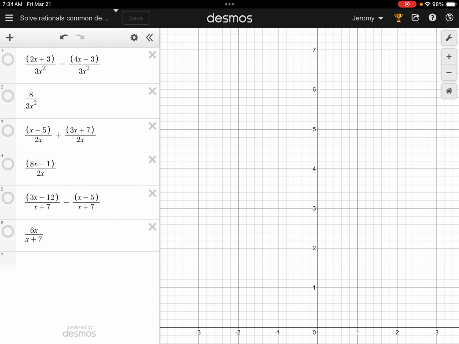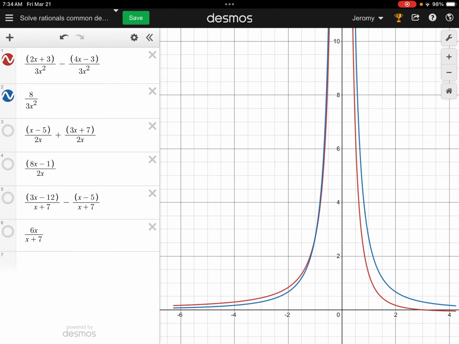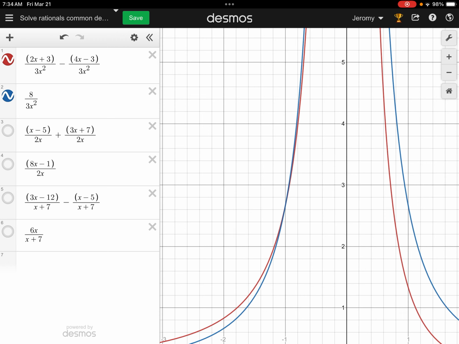I'm going to use Desmos here, and I already have them typed in. So this is the left side of the equation that's in box 1 or function 1. And then we have our second equation in box 2. And we're looking for where they intersect. So if I tap on the graphs here, you can see that a point pops up right there. And if I tap on that point, you will see that the x value of the coordinate is -1. That is our answer. That's all we're looking for.